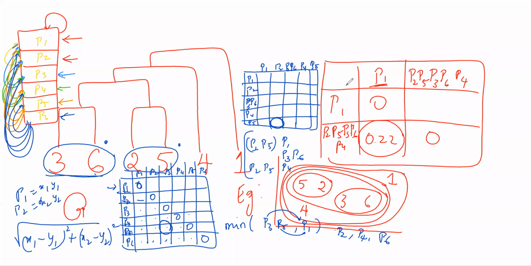So I have to calculate the minimum distance of this. I created a new distance matrix, and the distance matrix was like this. It had P1, P2, P5, P3, P6 and P4.